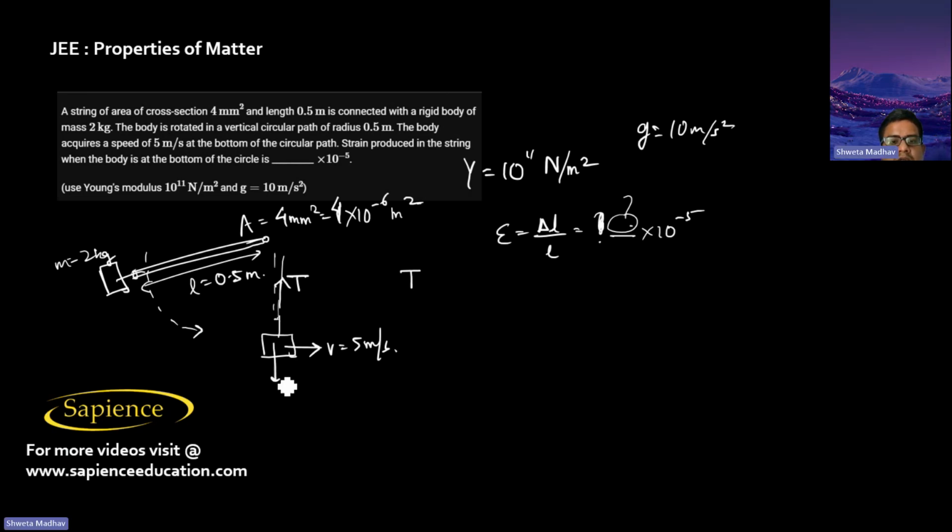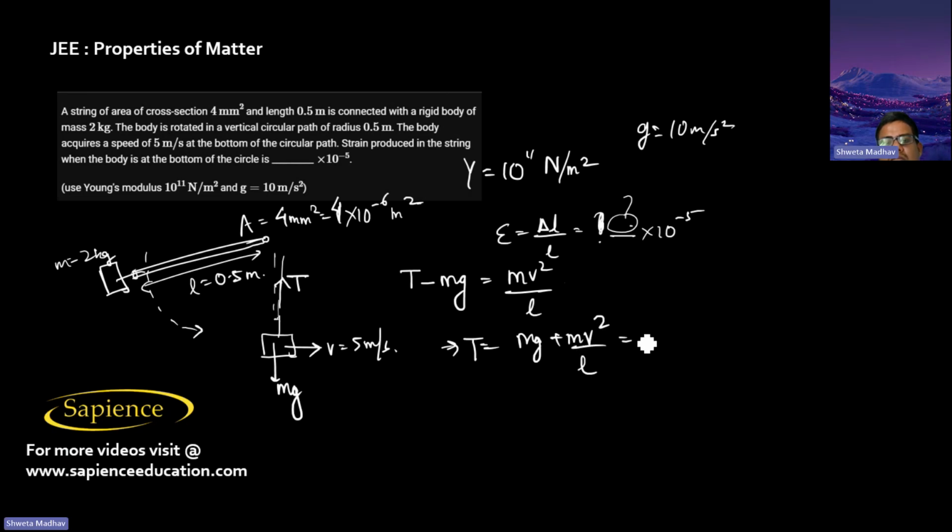Obviously we can say here mg will act downward. So the net force towards the center is T minus mg, that is equal to the centripetal force, which is mv square by L. So tension, that is equal to mg plus mv square by L, and that will also be equal to the Young's modulus into the strain.